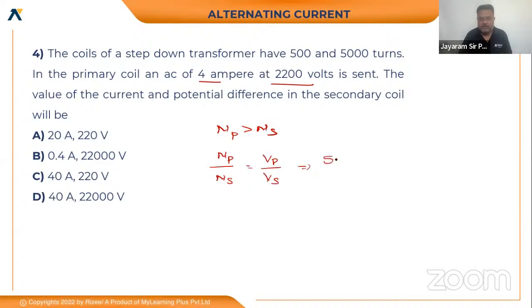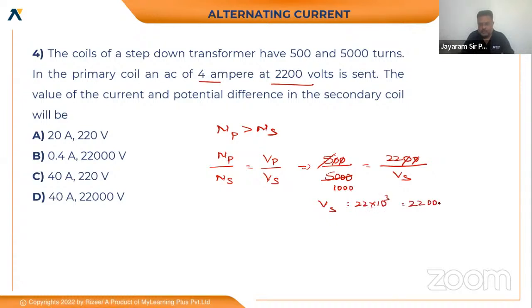Substitute the values: 500 by 5000 is equal to primary voltage 2200 volts by voltage in the secondary. These two things go off, and this goes for 1000 here. So Vs is equal to 22 into 10 to the power of 3, which is 22000 volts.